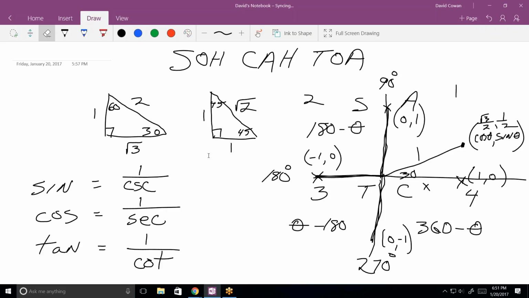All you have to do is memorize the 3 dimensions of that triangle and the 3 dimensions of this triangle. And SOHCAHTOA. Notice that SOHCAHTOA is memorizing 3 things. This triangle on the left is memorizing 3 things. This triangle on the right is memorizing 3 things. These reciprocal relationships or identities are memorizing 3 things.